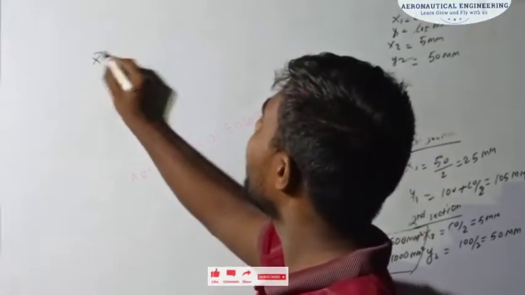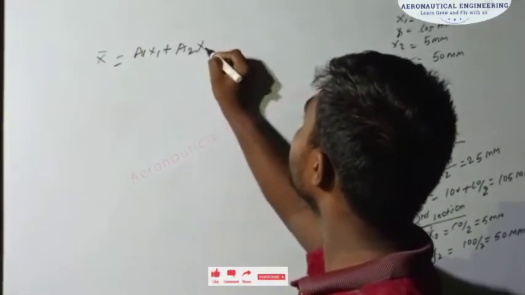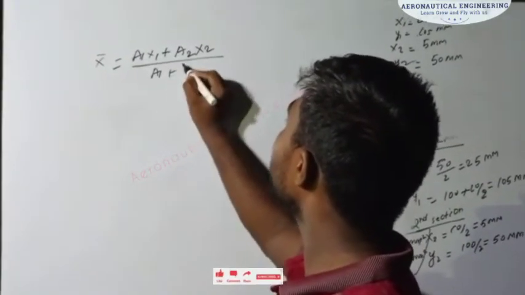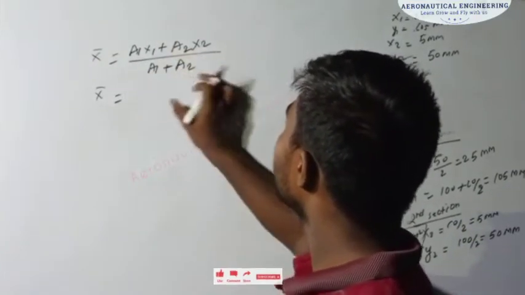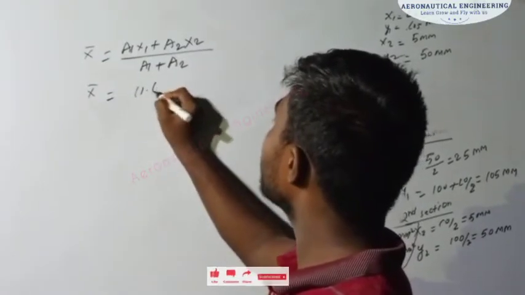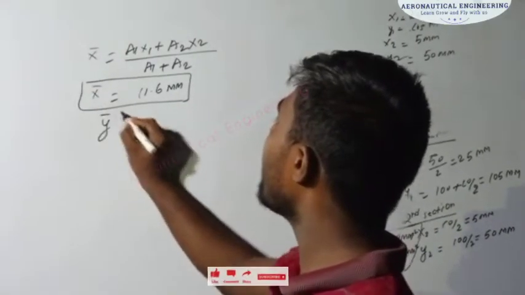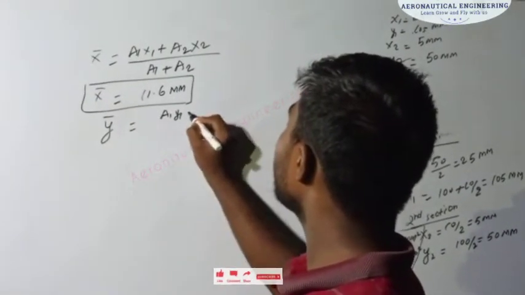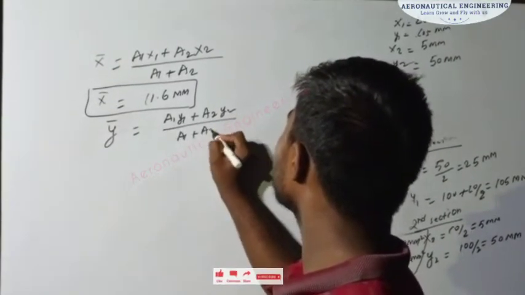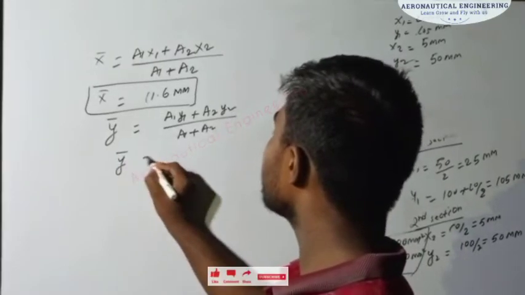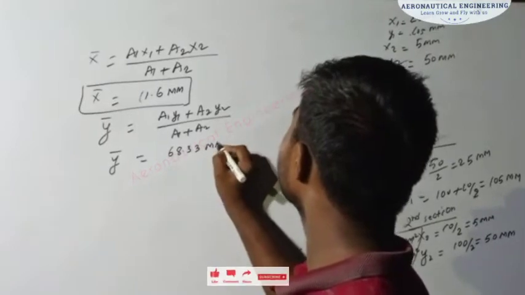We know that x bar equals A1 x1 plus A2 x2 upon A1 plus A2. After substituting the values, we get x bar equal to 11.6 mm. Similarly, y bar equals A1 y1 plus A2 y2 upon A1 plus A2. After substituting the values, we get y bar as 68.33 mm.